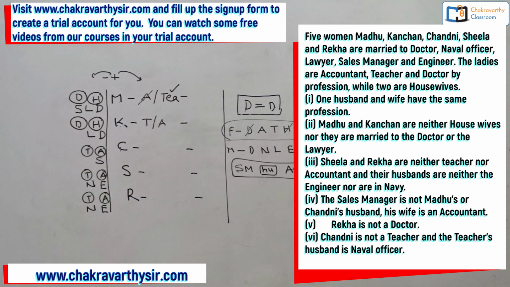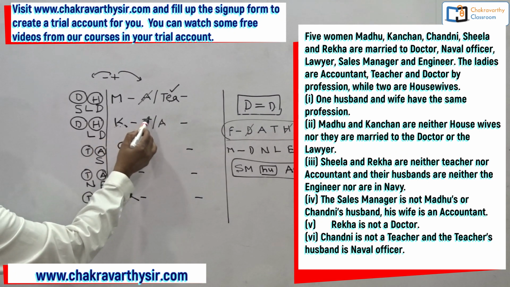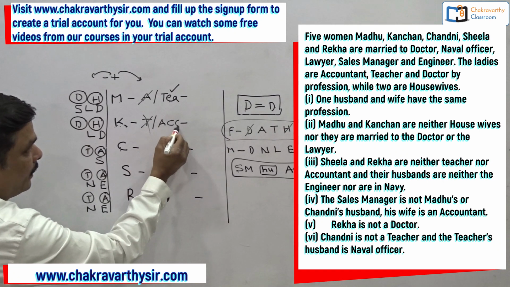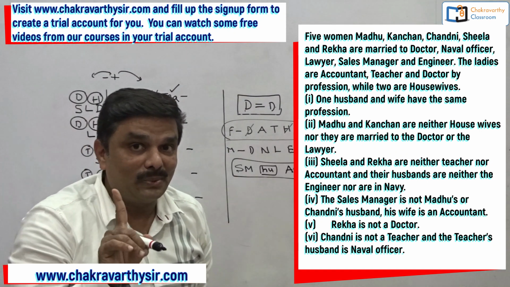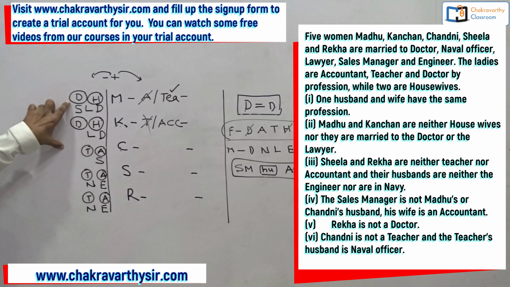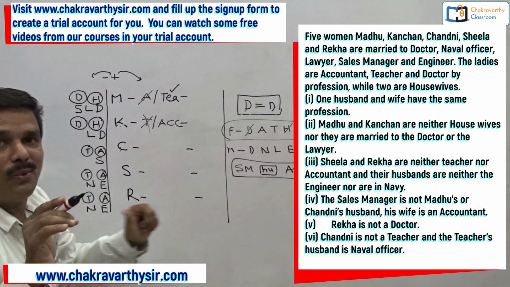Confirmed. When she is teacher, Kanchan cannot be teacher. She must be accountant. One thing is clear. But students, don't stop here. You can go a little further also. How can you go further?